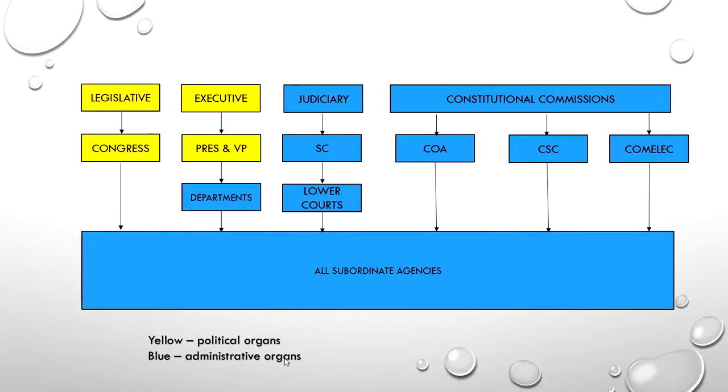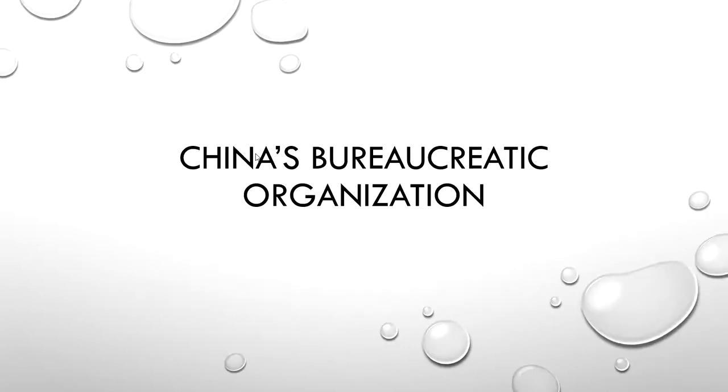It is the same with the United States and almost all countries, I assume. They have a very similar structure, but also with special or different features. Now, what is unique, and why I have chosen China to compare with the Philippines, is that China's bureaucratic organization goes like this: they don't practice the separation of powers.